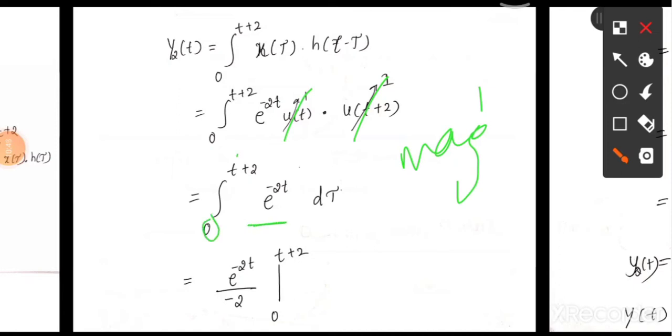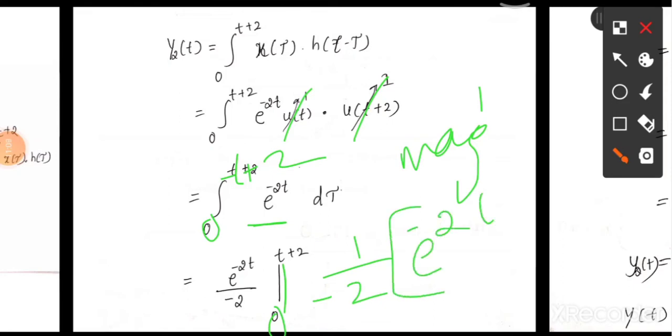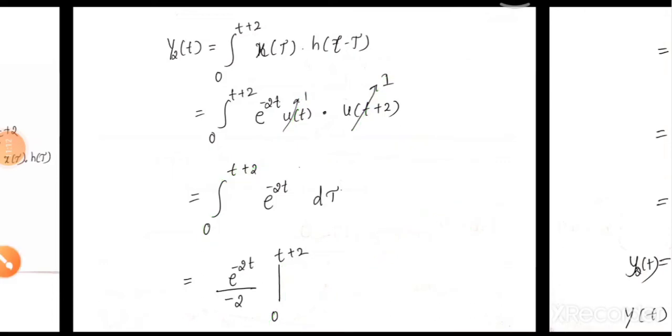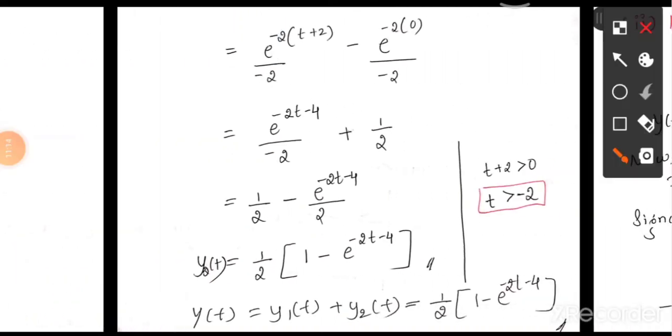We have to integrate from 0 to t plus 2 e raised to minus 2t. Integrate e raised to minus 2t with respect to tau, that is e raised to minus 2t divided by minus 2. Substitute the values from 0 to t plus 2. I will take 1 by minus 2 outside, then substitute the upper limit minus the lower limit.